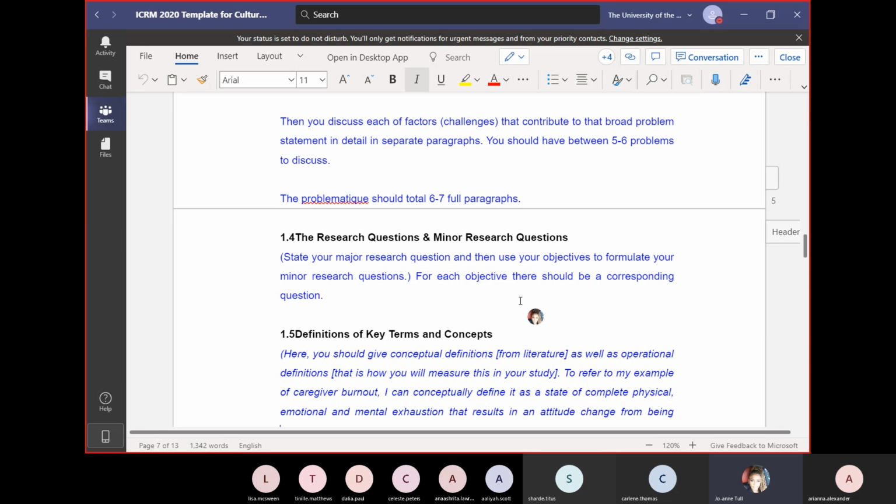What have we done already that would allow for us to create a major research question and minor research questions based on what we've done so far? Anybody? Celeste, do you have any idea? Soraya? Where do we get our major research question and minor research questions from?